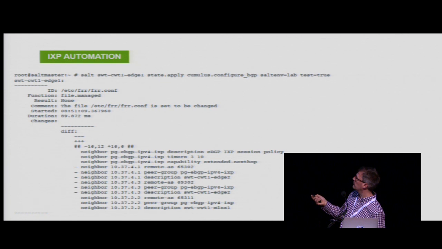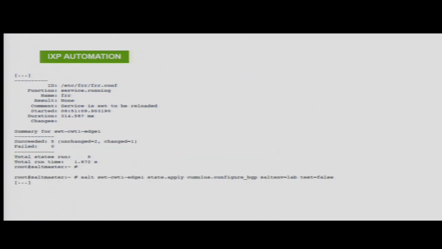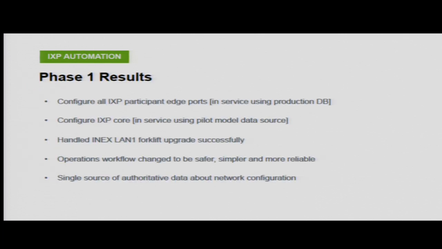So it's figured that the FRR configuration has changed. And that means that the configuration is set to be reloaded over there. And that will do configuration apply on the lab environment with test equals false. So that'll actually go off and deploy it.